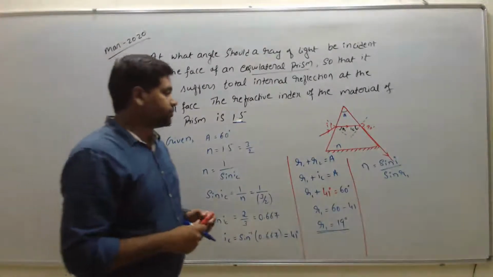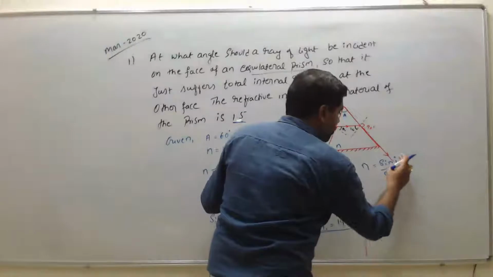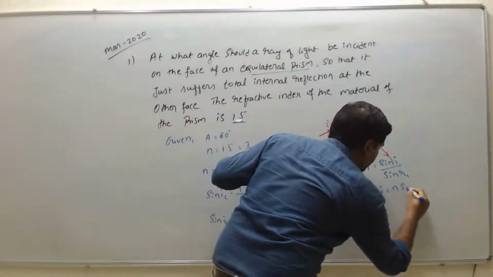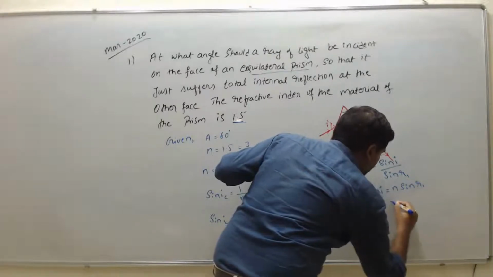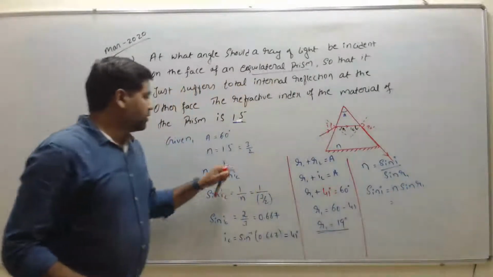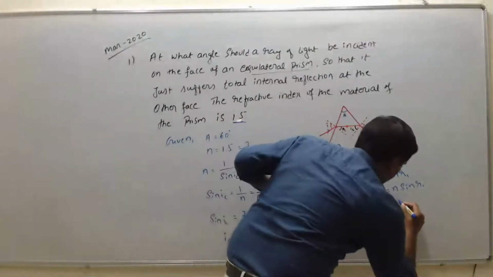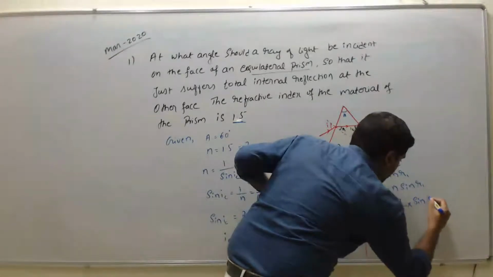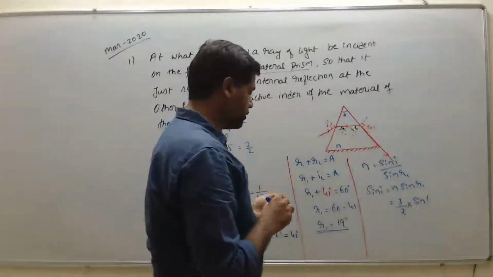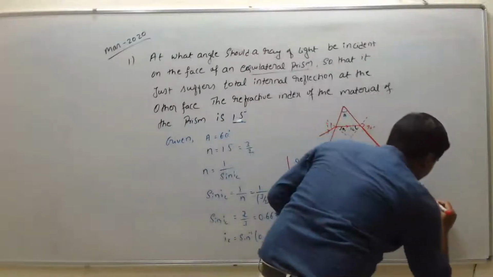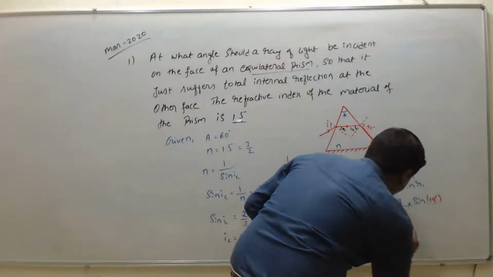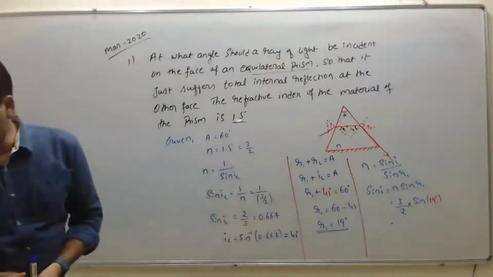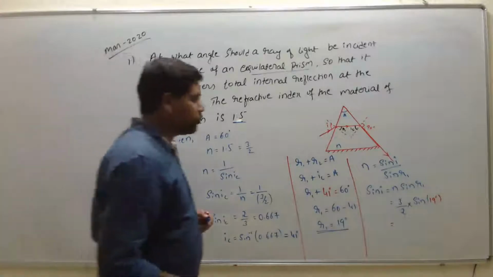So next we want the value of i. Then sine i is equal to n into sine r1. The value of n is 3 divided by 2, that is 1.5. So 3 divided by 2 into sine of the value of r1 we calculated here. From the sine table, we get that value as 0.3255.